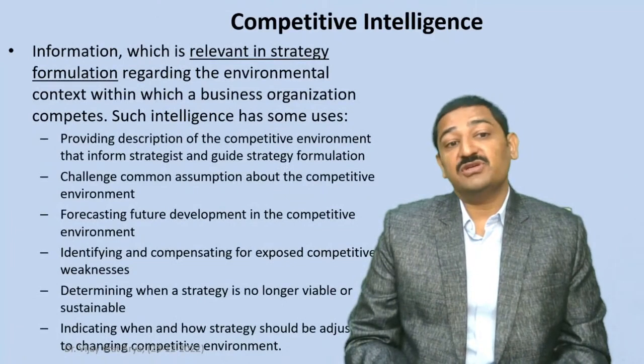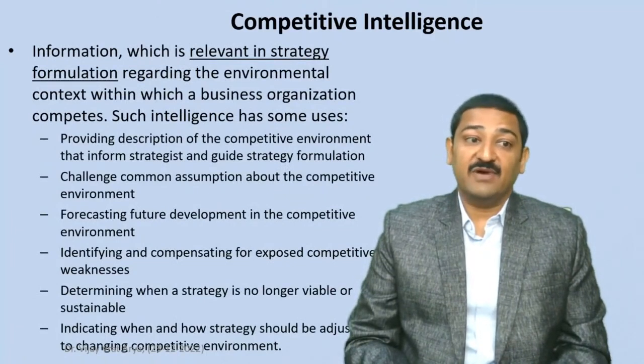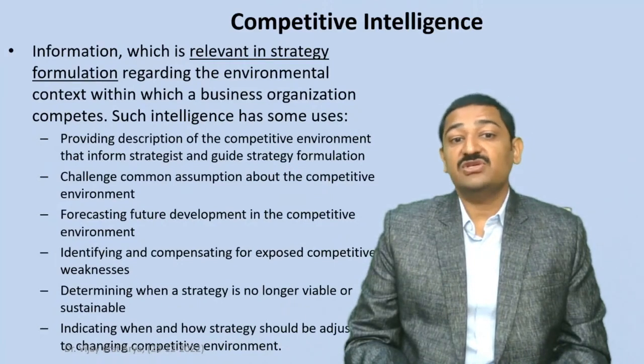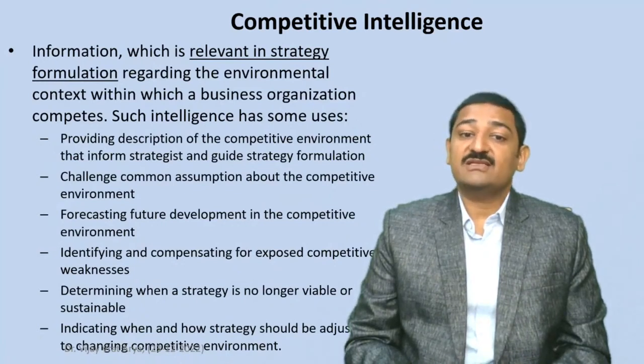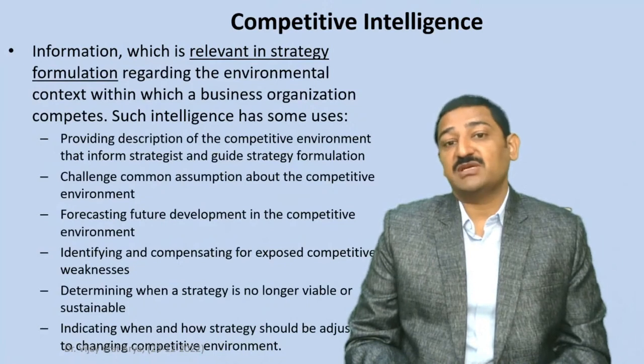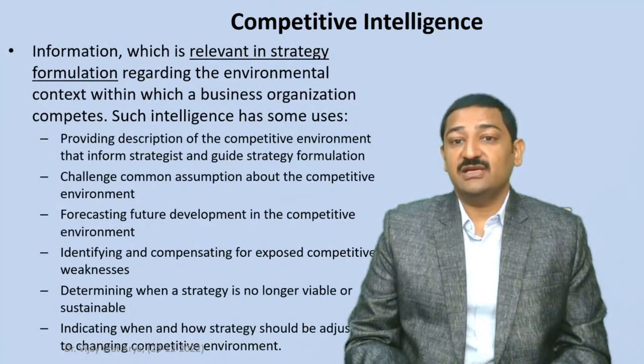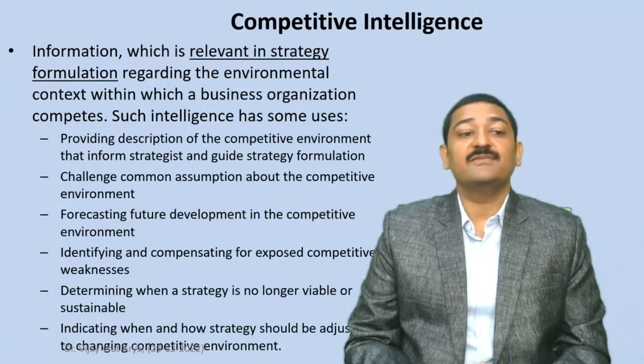Here, the information is relevant in strategy formulation regarding the environmental context within which a business organization competes. So there is some such intelligence which has some uses from the perspective of competitive intelligence. So we need to have a look at those as well.